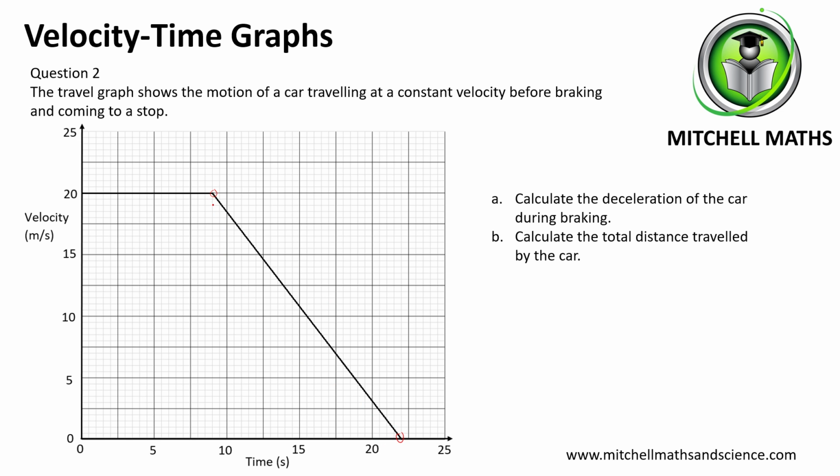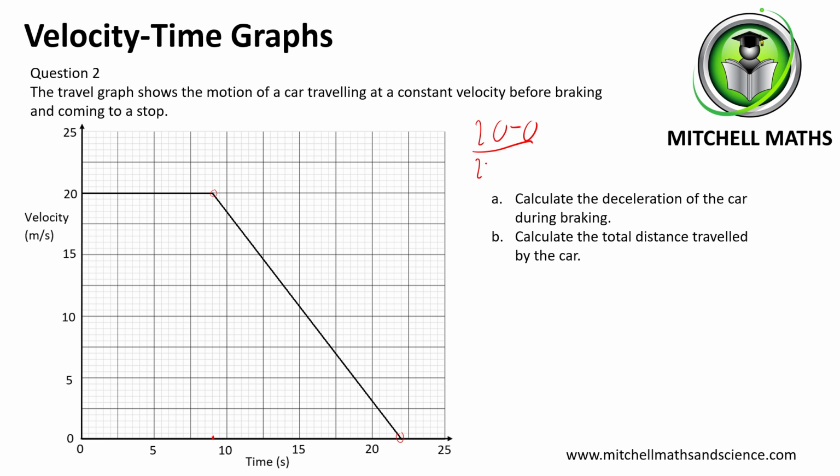To calculate the gradient of the line, you need to do the change in y over the change in x. That's the change in velocity, which is 20 take away 0, because it goes from 20 to 0. I also need the change in time. It starts here at about 9 seconds and finishes at 22 seconds.